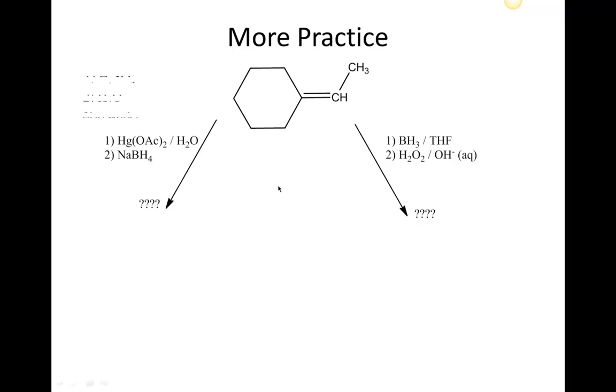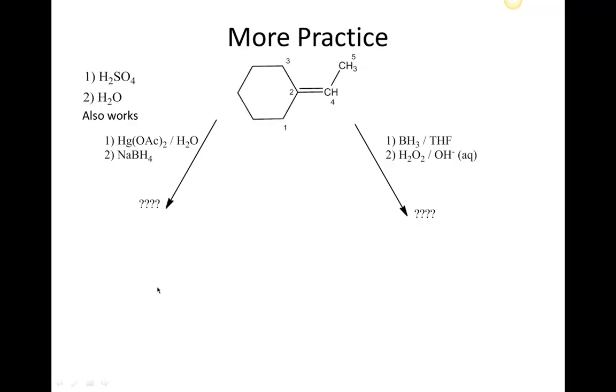So in order to do this, and remember, if we're going to do this kind of reaction, these conditions are going to give you Markovnikov orientation. So the degree of the carbon is tertiary, the degree of the carbon is secondary. So in Markovnikov orientation, you get the hydrogen on the less substituted carbon and the OH on the more substituted carbon.